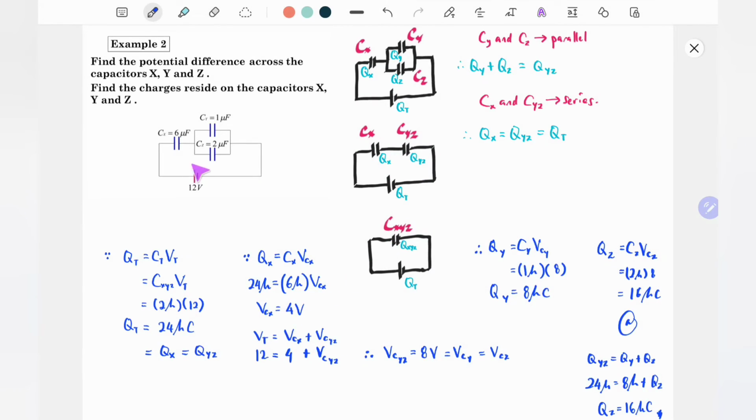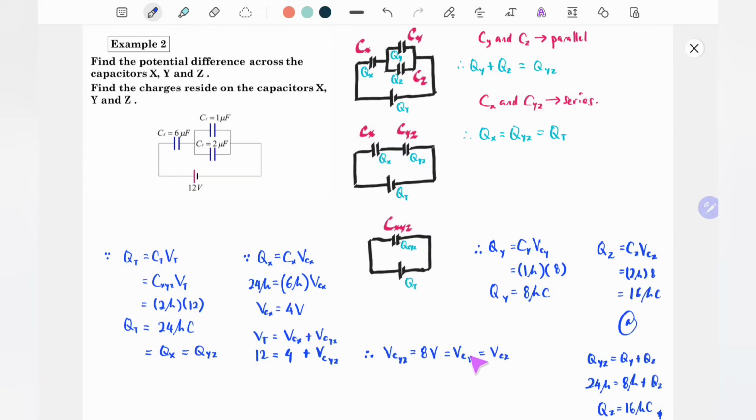V total is 12 volt, V across CX is 4 volt, so we may calculate V across YZ, which is 8 volt. This equals V across Y and also V across Z, because they are arranged in parallel. So here is 8, here also 8 volt.